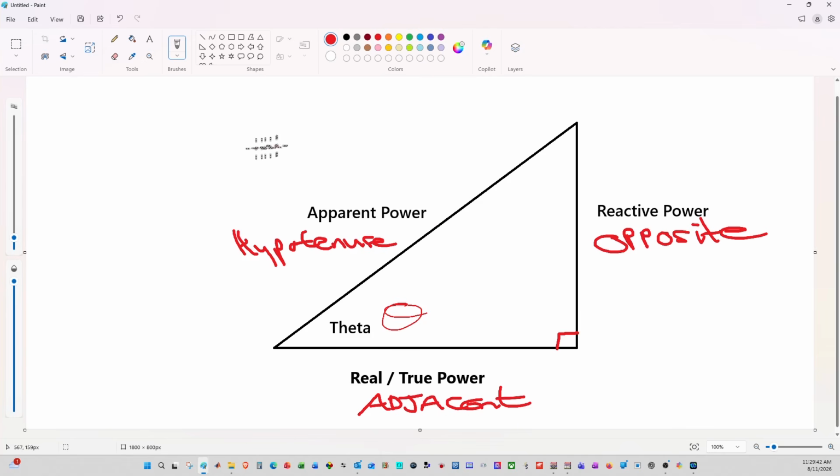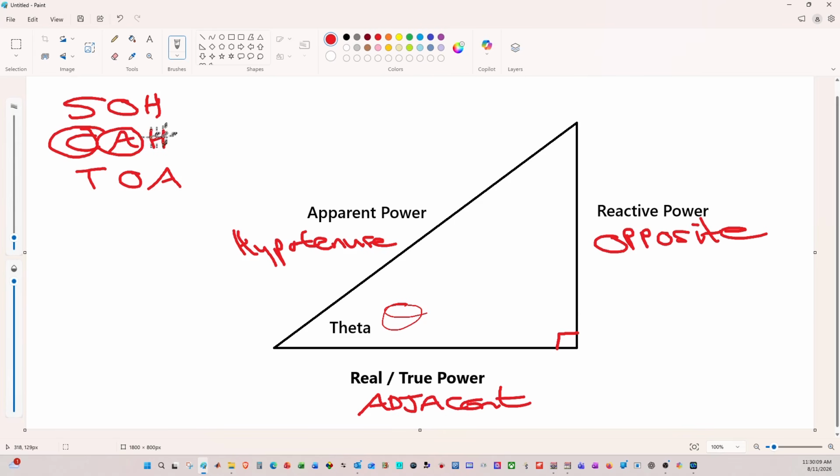When it comes to trigonometry, it's always interesting that you can have various ways to remember the equations and the formulas. One that was taught to me a couple of years ago was SOH CAH TOA: some old horses can always hear their owner's approach. Now, if I'm thinking in terms of the cosine of theta, and I have the adjacent and the hypotenuse, then I can do a nice easy calculation based on that.